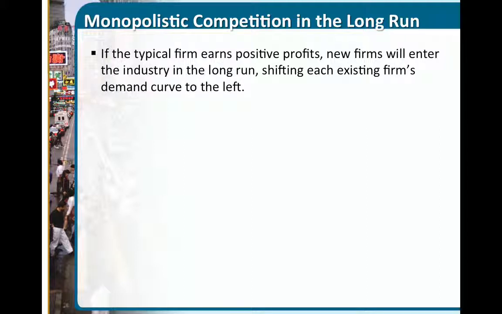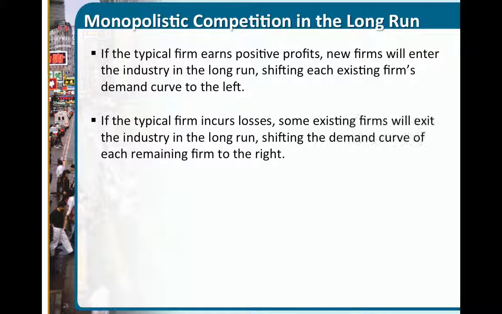And then we're not talking about the supply curve, we're talking about demand. So think of it this way: if there are 10 gas stations on your way to work or school, and then 5 more enter the market, you'll have 15. Assuming nothing changes in the population, each gas station is now selling less gas because there are more options out there, which would shift the firm's demand curve to the left.